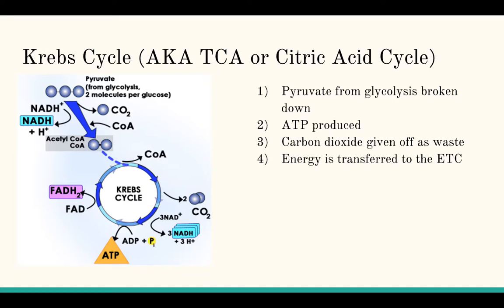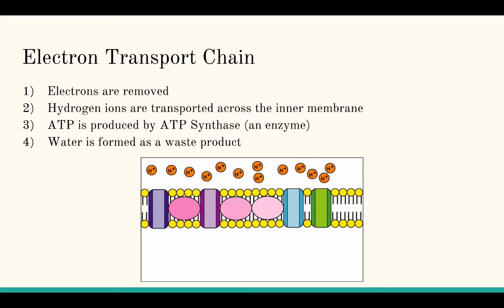And we take all of the energy made in the Krebs cycle and transfer it into the last step, or the second step of cellular respiration, called the ETC. The ETC is a process of removing electrons.